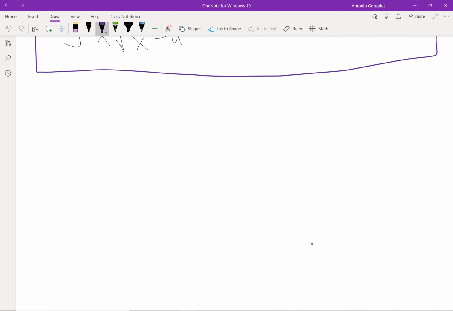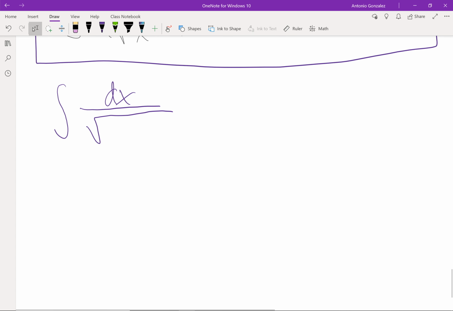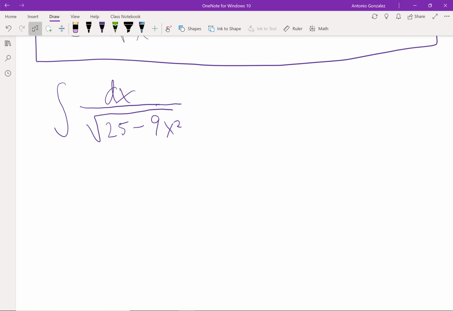Okay, so let's say here we want to take the integral here, let's say square root of 25 minus 9x squared. Okay.